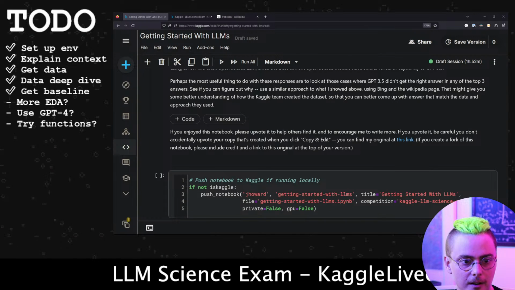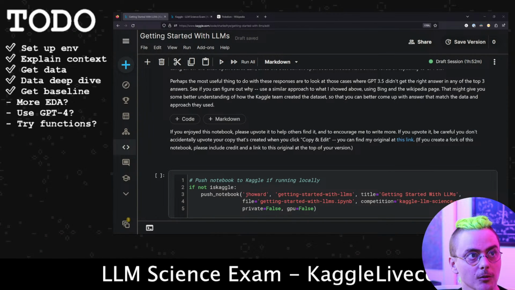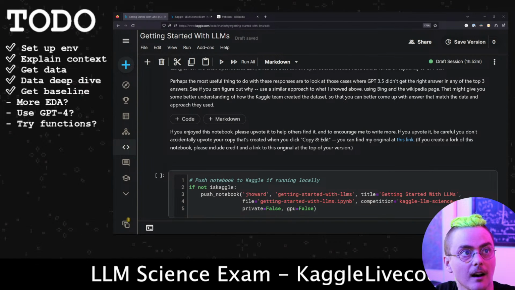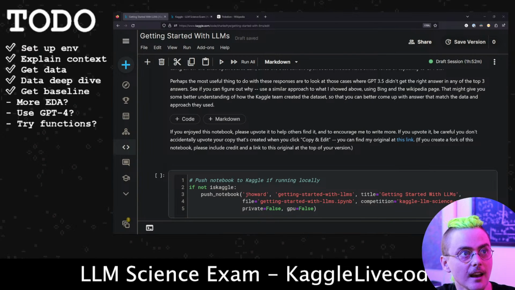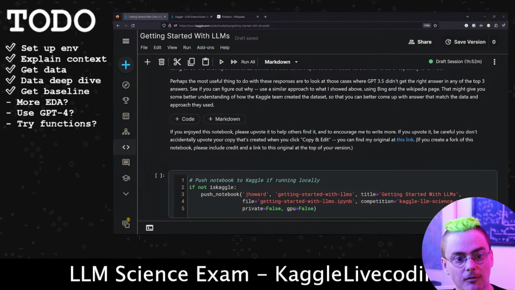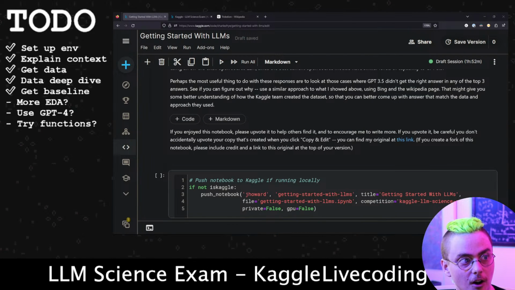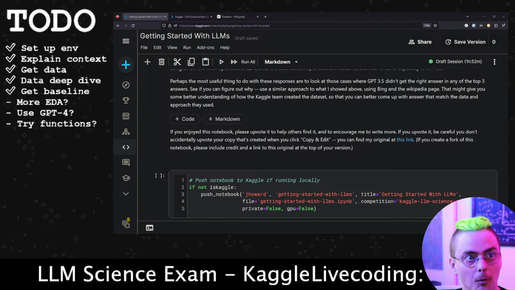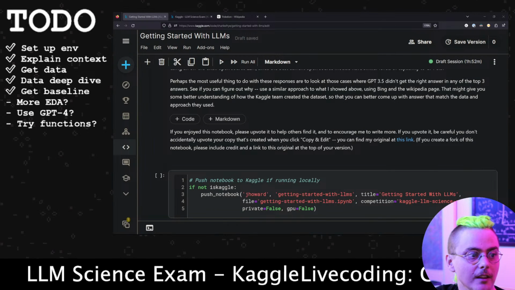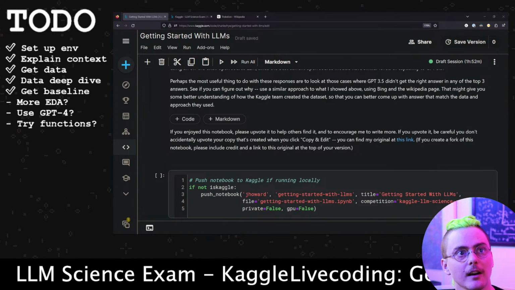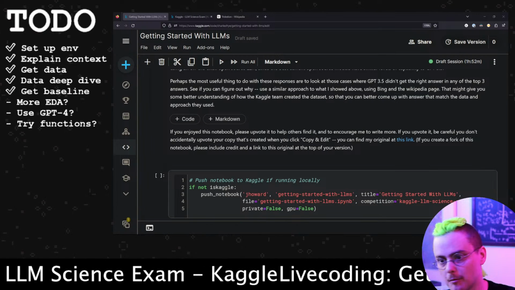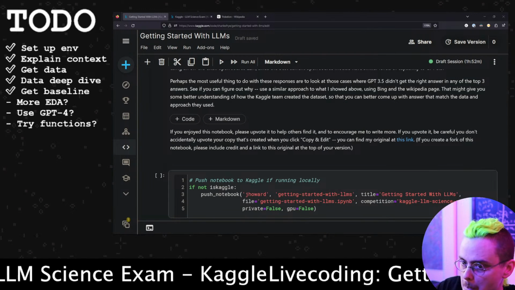If folks want to suggest in the chat which of those directions would be most interesting, EDA, GPT-4 and a little bit of prompt engineering, the function calling API, whichever one, I'm happy to try one of those in the last, maybe, half an hour left before I have to close out this stream.